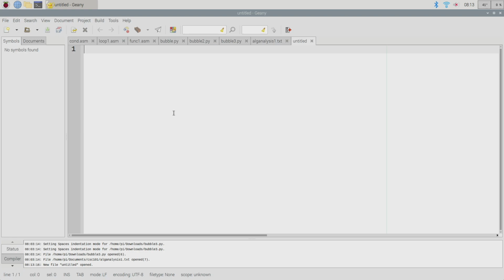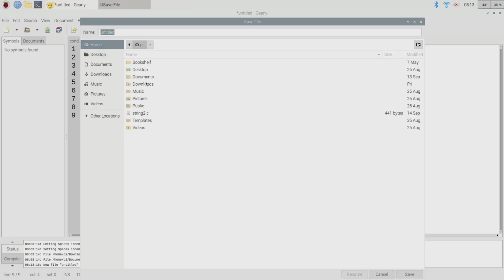Hopefully that'll be clear. Okay, so let's see, we need data, we need text, and let me go ahead and save this real quick.